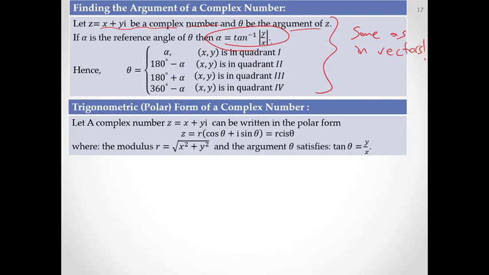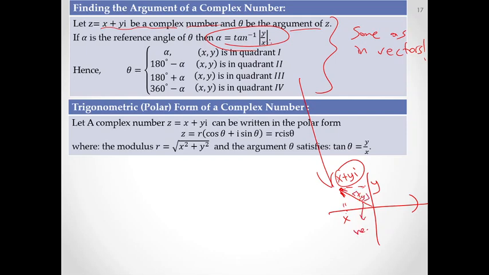Like here, x and y is what here? Again, x and y is here. This is x, this is y, and now we say it's not a vector, but it's corresponding to a complex number, like we were doing with xy before in the vectors. But now we don't do the vectors.